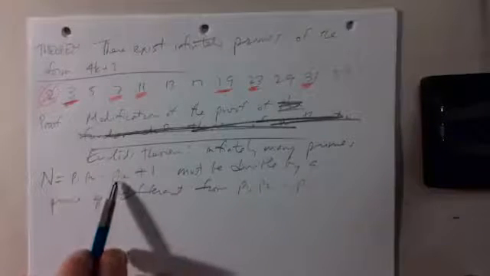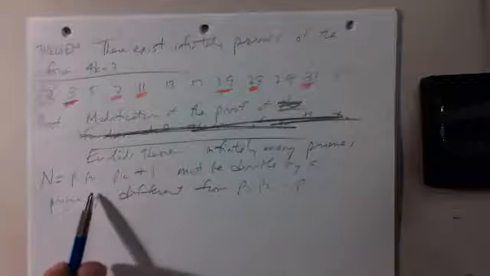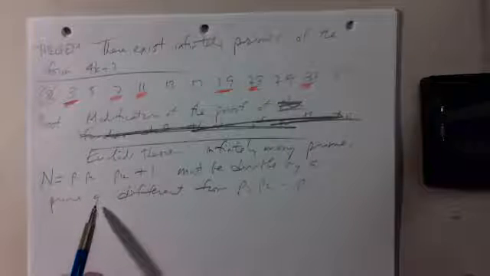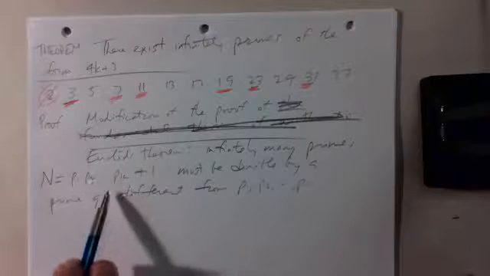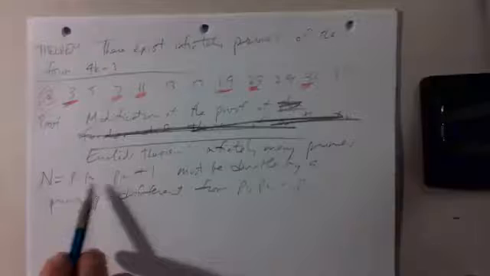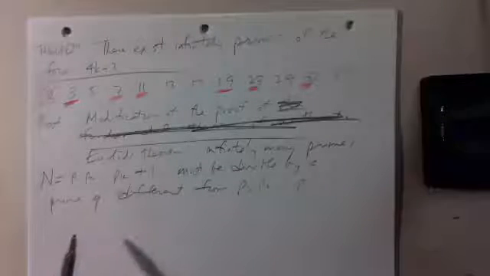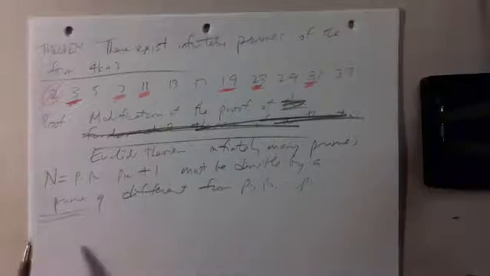So if I have any finite set of primes, Euclid proved that there must be a prime in addition to those. So if there were only finitely many primes, there would be no other prime, and that would be a contradiction. So the question is, how can we modify this?